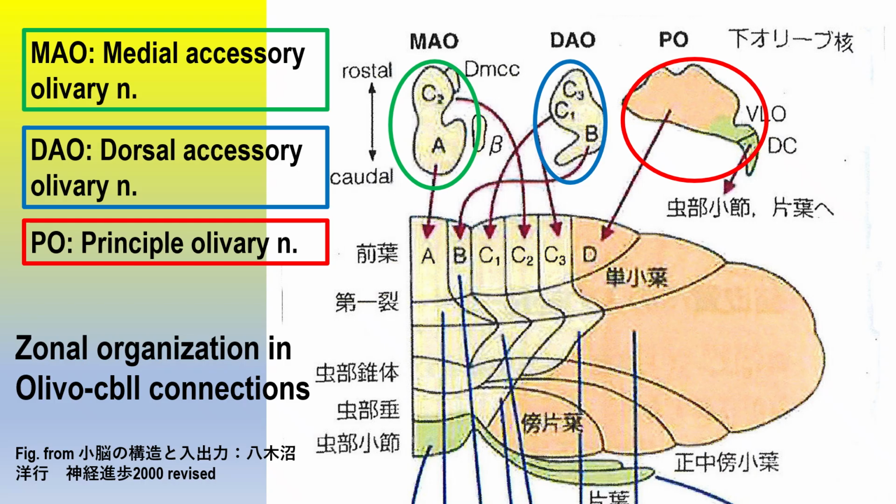The principal olivocerebellar nucleus projects to the contralateral cerebellar hemisphere, D zone, demonstrating a strict topographical arrangement between the inferior olivocerebellar complex and the cerebellum. As mentioned before, this zonal organization within the olivocerebellar pathway also applies to the projections from the cerebellar cortex to the intracerebellar nuclei.